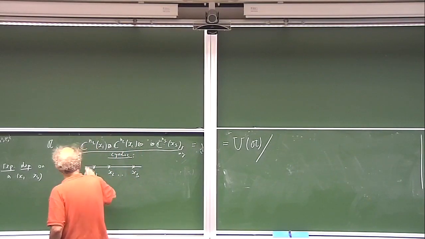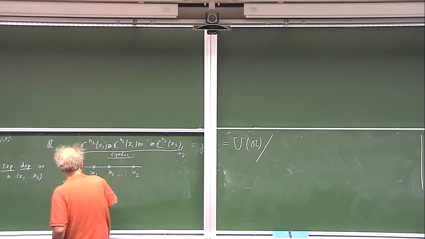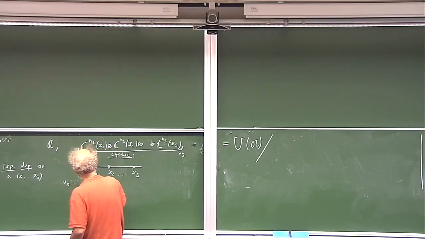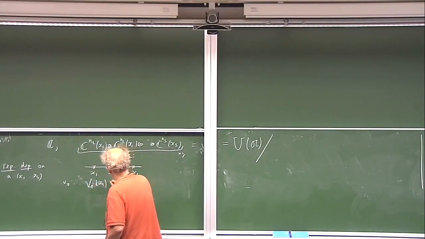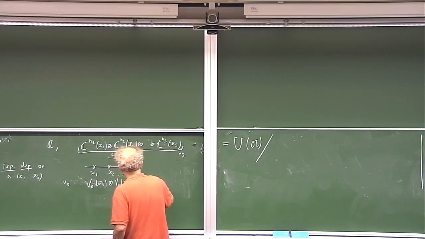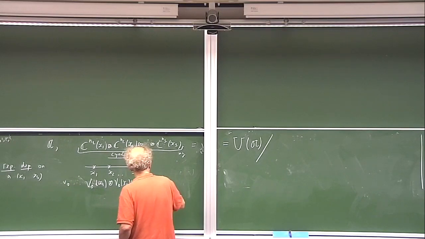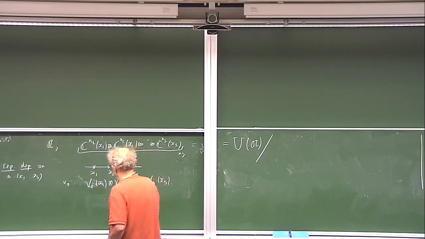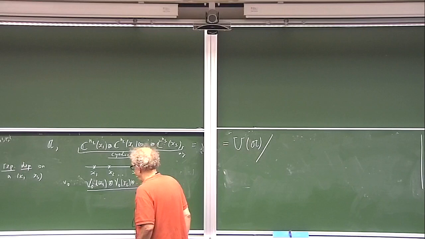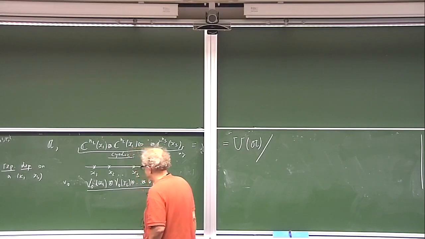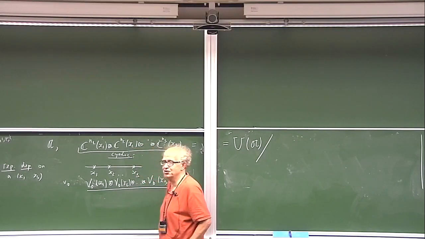And this has a cyclic vector V0 depending on x1. And in this tensor product we have a vector like this, V0 x2 times and so on, times V0 xs. And I said that this is a cyclic vector, but more precisely the cyclic vector is this. It is a natural choice of cyclic vector.